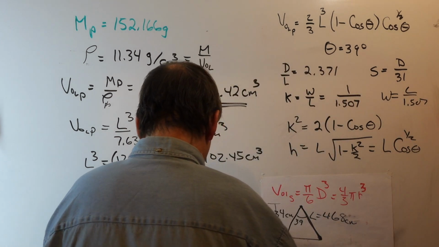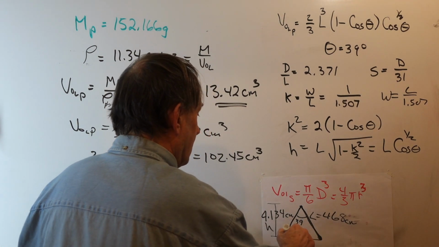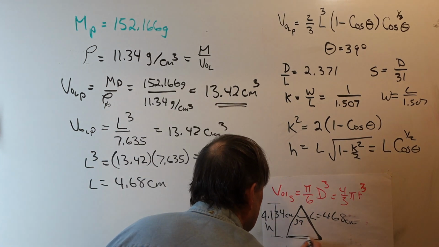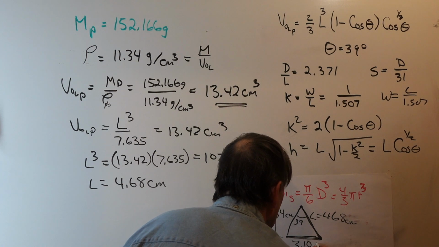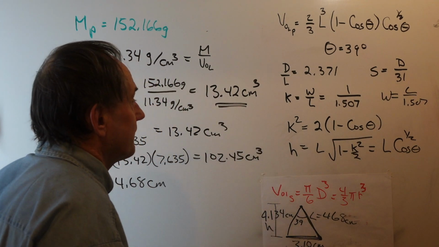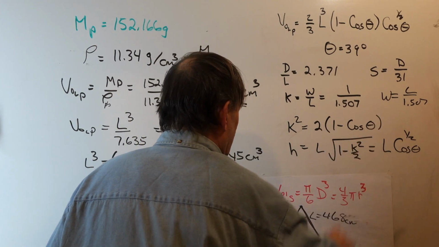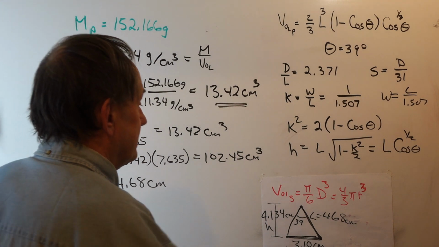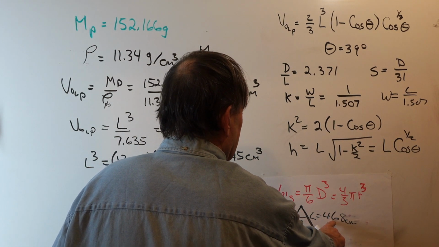So W works out to this length here on the base, which is 3.10 centimeters. That is 4.68 divided by 1.5, or roughly 0.6 times 4.68.